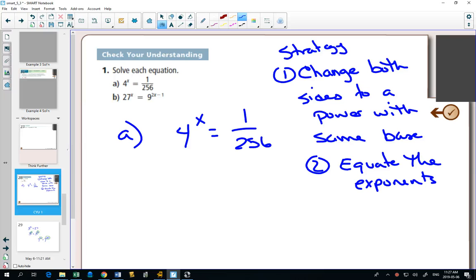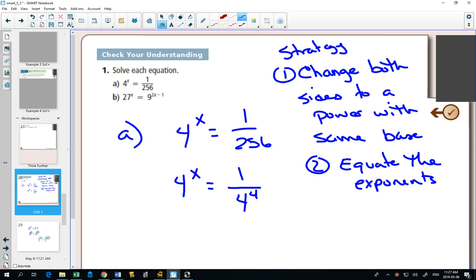So the first thing in this question, we see a 4 and we see a 256. The question is, are those numbers in the same column on your powers chart anywhere? Which column? In the 4. What is 256? It is 4 to the power of 4. So at this point, I'm able to change 256 to 4 to the power of 4.